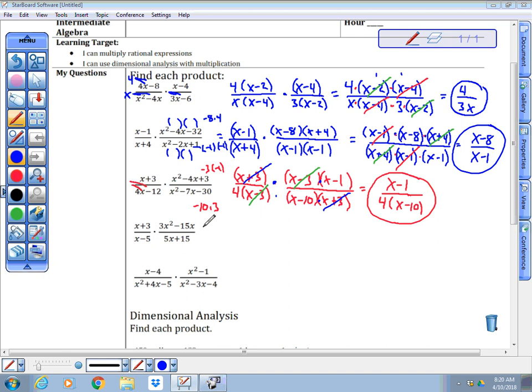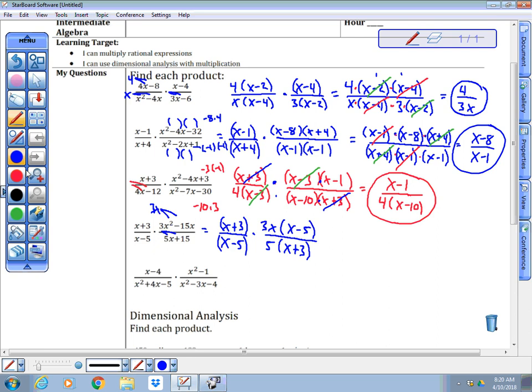Alright, next one. It's going to be x plus 3, x minus 5, I'll put both of those in parentheses, times, taking out a 3x, I'd be left with an x minus 5. Taking out a 5, I'd be left with an x plus 3.